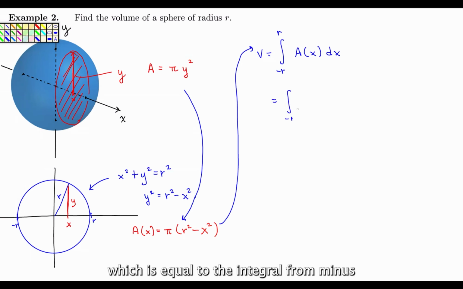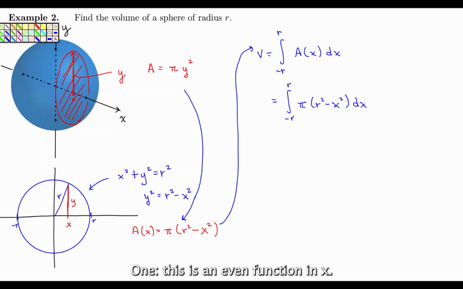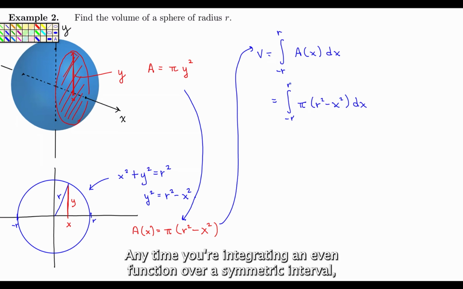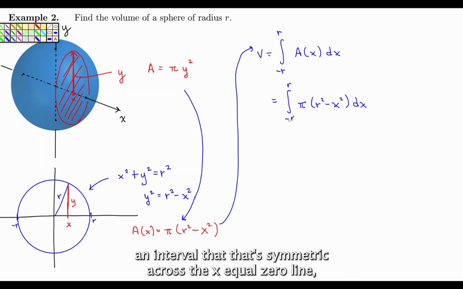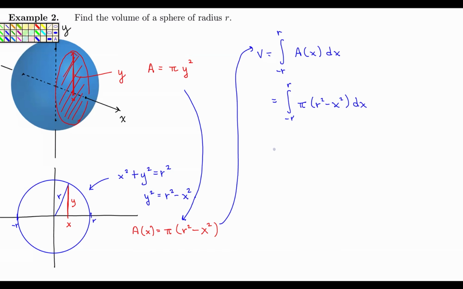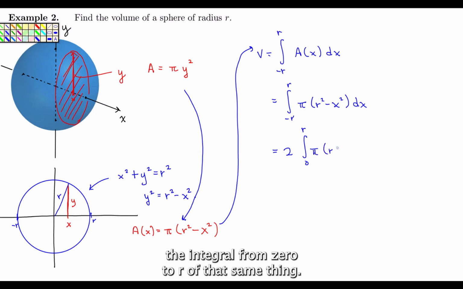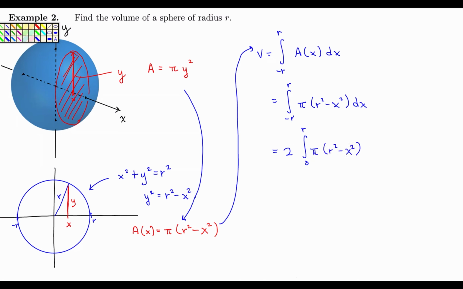Now, I want you to notice two things. One, this is an even function in x. Anytime you're integrating an even function over a symmetric interval, an interval that's symmetric across the x equals 0 line, that means I can rewrite this as twice the integral from 0 to r of that same thing.